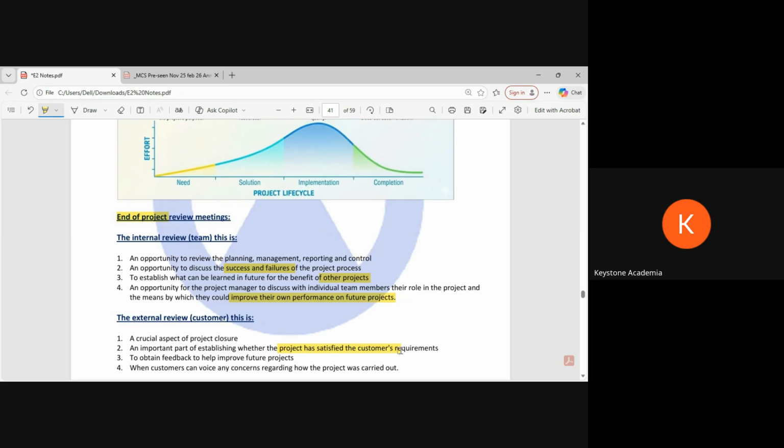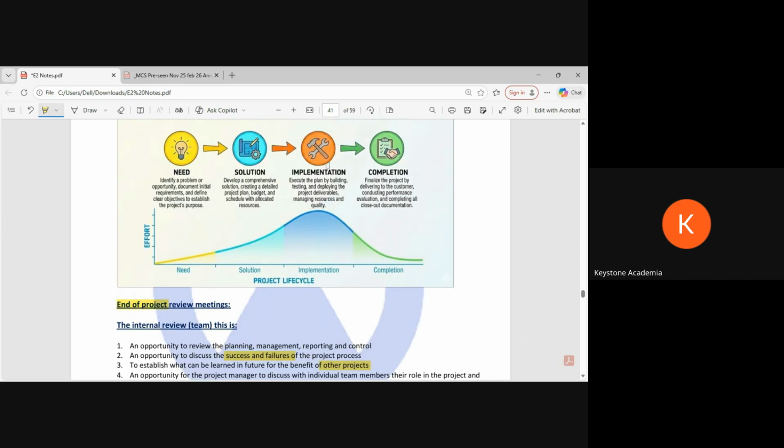Why? Because the end users were satisfied. Everything was as per the standard. Ultimately, that matters. Imagine they had cut the cost and done it early, but we have not solved the main problem. We have not achieved the need. Then it's a complete failure.